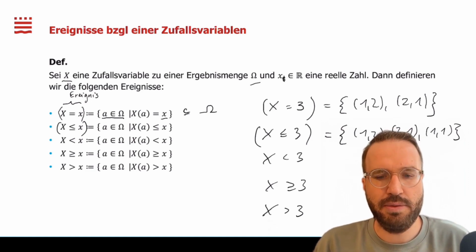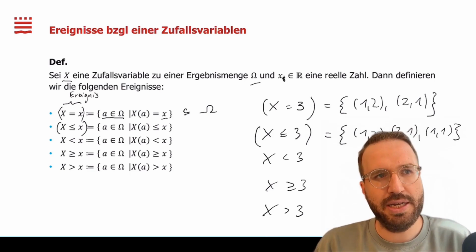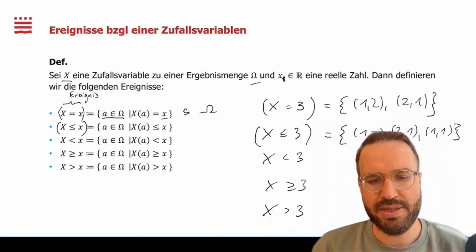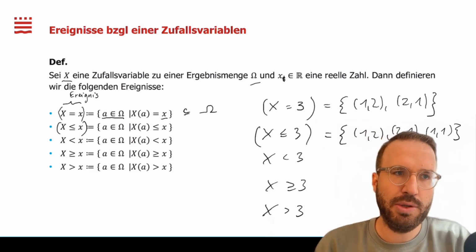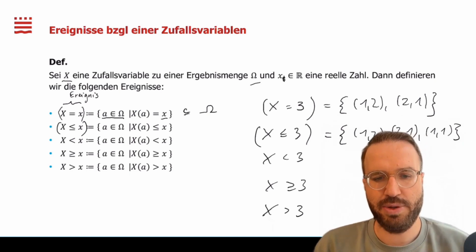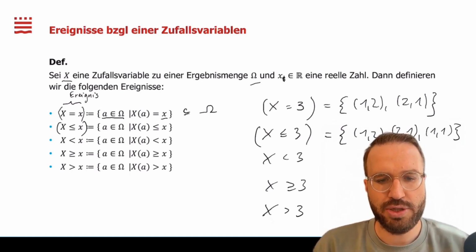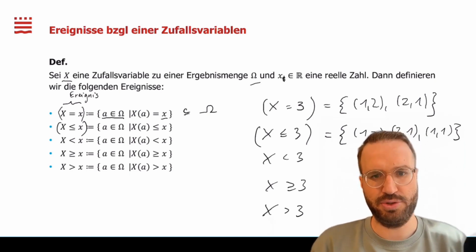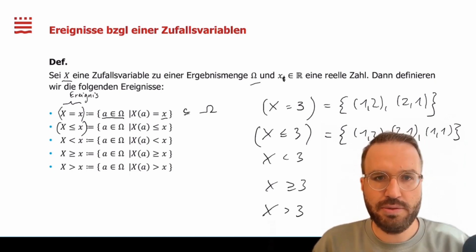So take another good look at that. It's a bit more complicated, but I think with the example of the double dice roll, it will become a bit clearer. And now in the next video, we will look at how we can introduce distribution functions with these random variables. Until then.